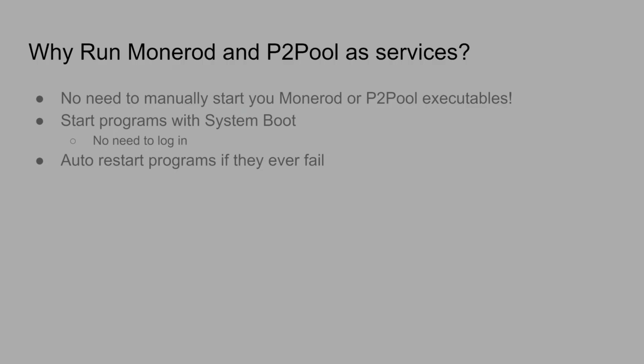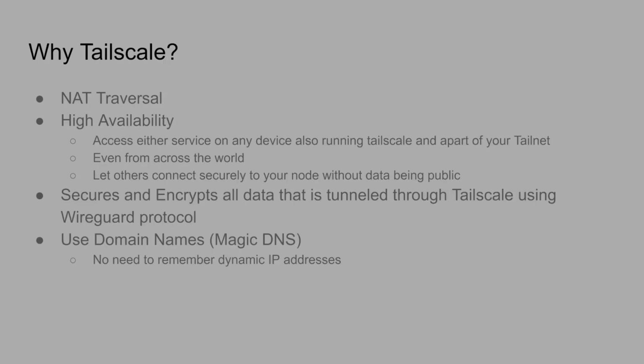And then why would we want to use Tailscale? Number one reason to use Tailscale is for NAT traversal. If you're using a residential internet service provider like Spectrum, you really can't do much peer-to-peer communication over the public internet.